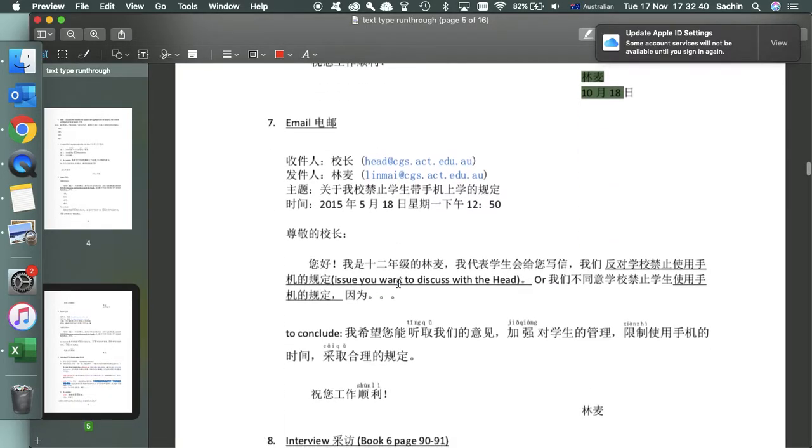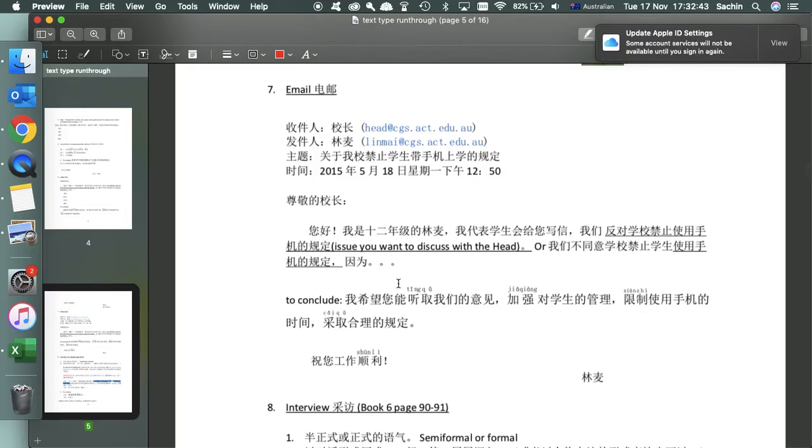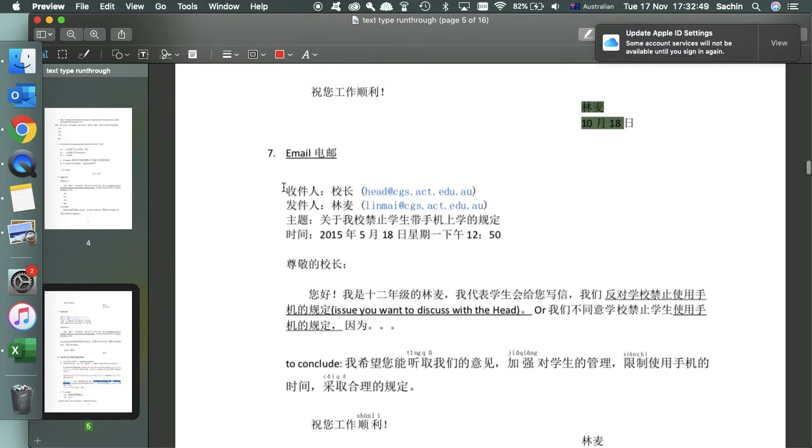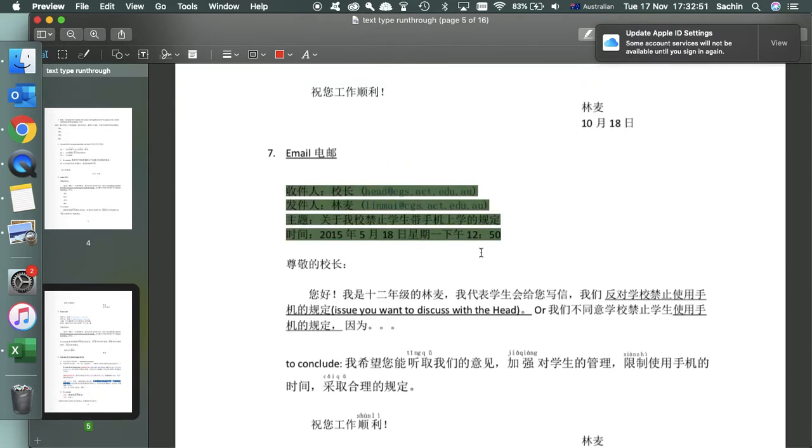Email. So email is almost like a letter, except the key difference is that it's an email. So you have to fill out these details. So in an email, you have the receiver, the sender, the subject, and the time.